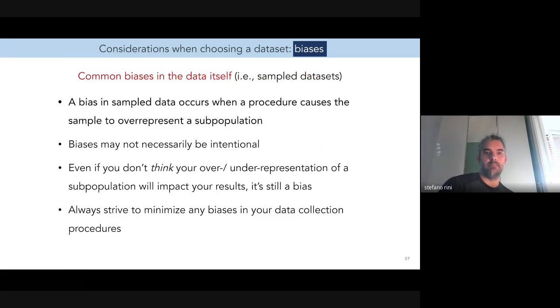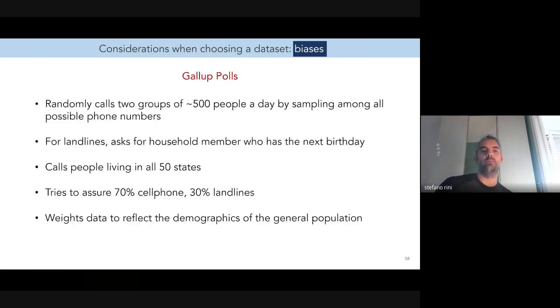Remember that biases are very hard to discover. They are most of the time unintentional. If they were intentional biases, then people would be barred, or they would be easily criticized. So the hardest biases to realize are the unintentional ones. And it's always a struggle to minimize the biases in data collection.